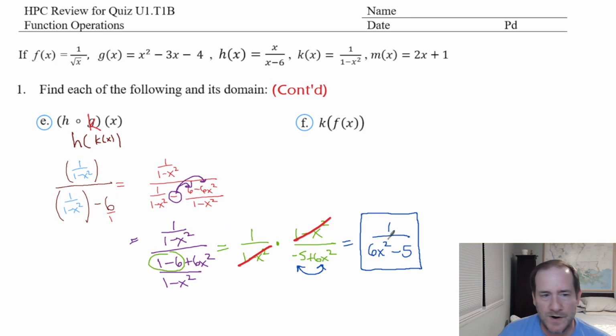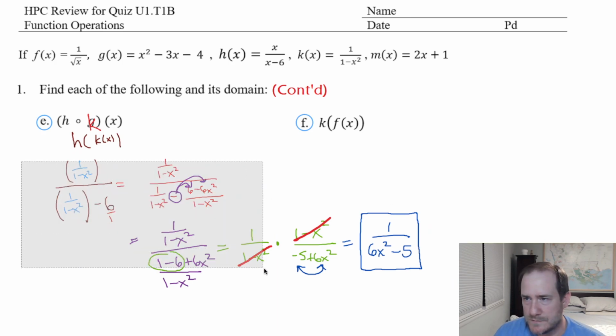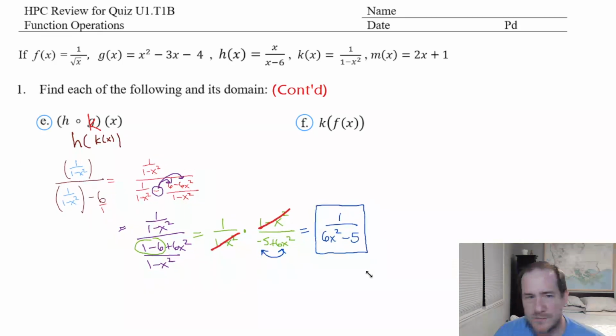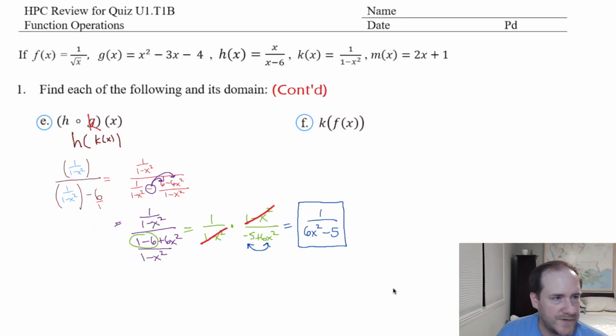This expression so far is great. So how's about I grab it, shrink it down just a smidge, just to make a little more room so we can think about our domain. All right, so again, if I'm a lazy fool, then I might say that my domain of H composed with K is nothing more than the domain of this algebraic rule right here, which of course would be all reals except for whoever makes the denominator 0, which of course would be 6x squared minus 5.